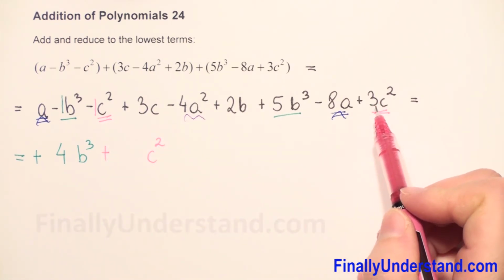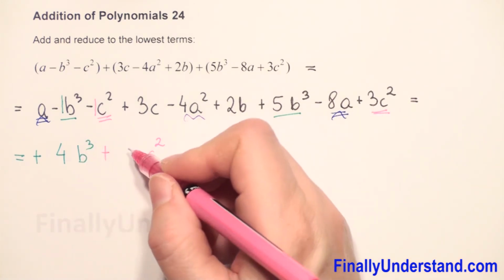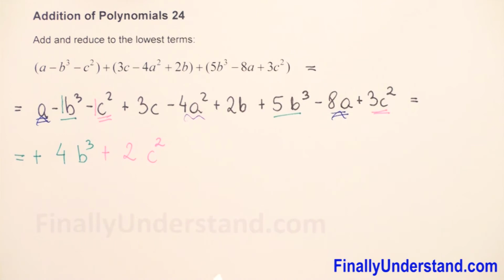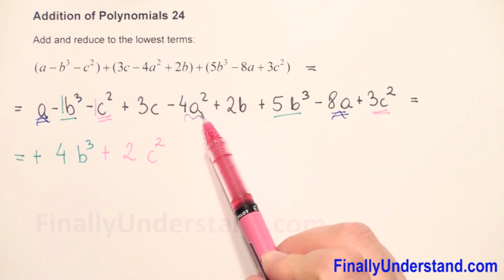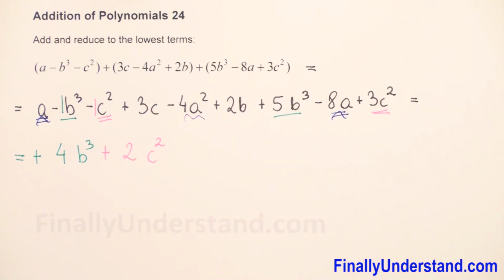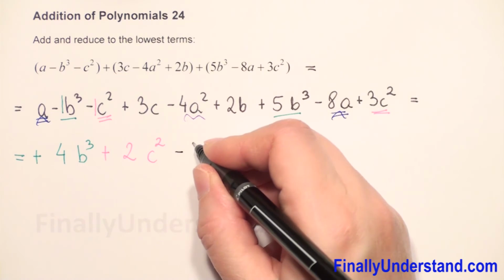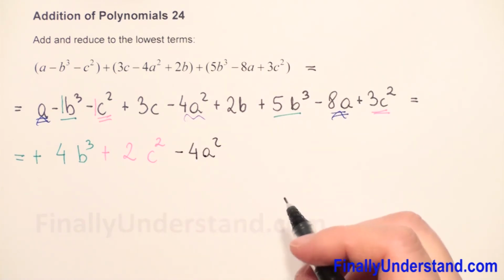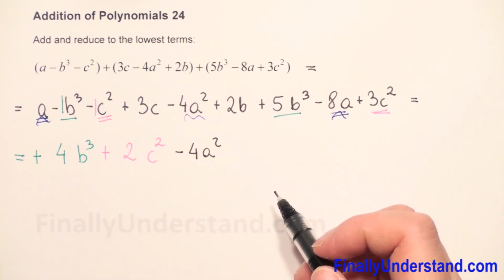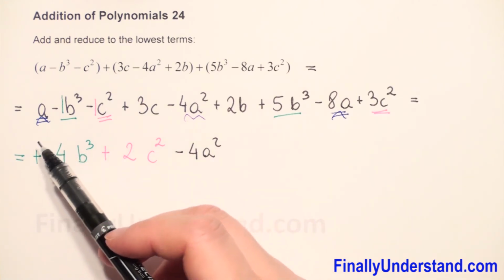And we just subtract the numbers. 3 minus 1 is 2. Next, we have a squared, so we have to rewrite negative 4a squared. And now we start from the beginning.